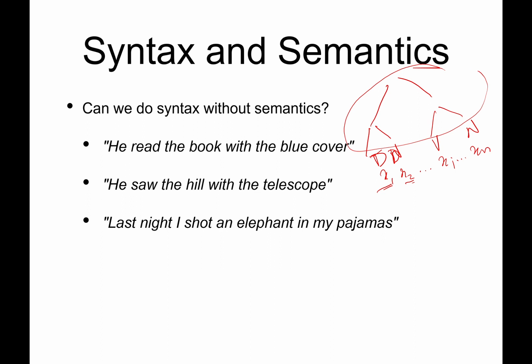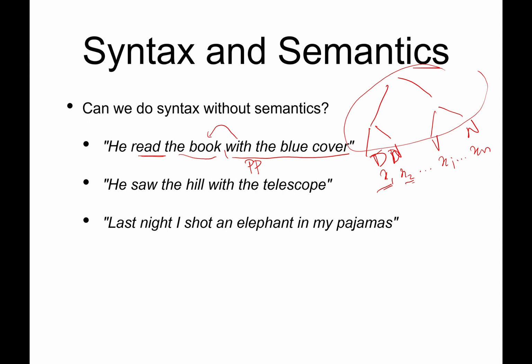However, there are specific cases where you have an ambiguity. The grammar does not tell you which way to go, whether you should attach a prepositional phrase to the noun phrase, or to the start symbol of the sentence, or some verb. In the case we show here, for example, when we say he read the book with the blue cover, you don't know if you should attach the prepositional phrase to the book.